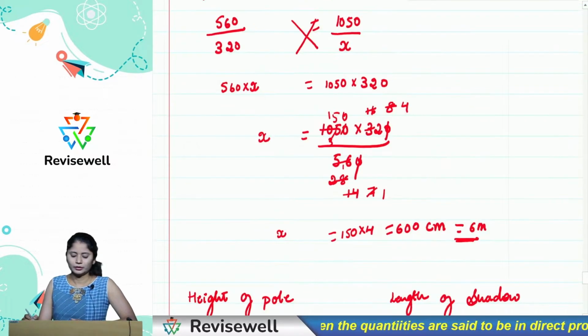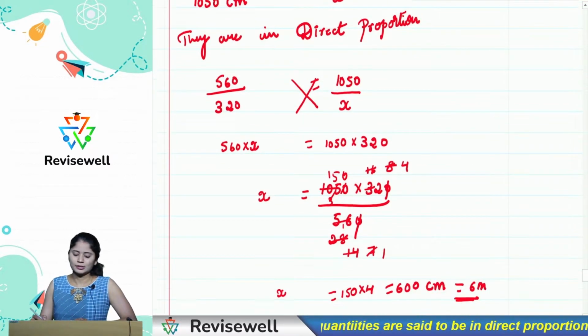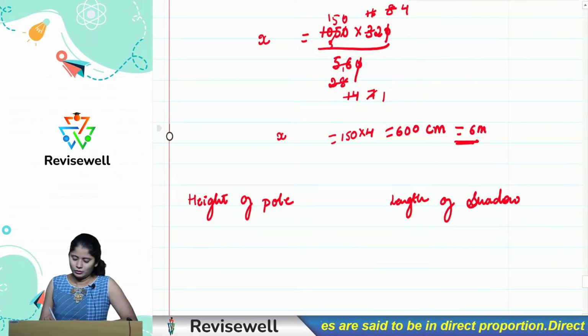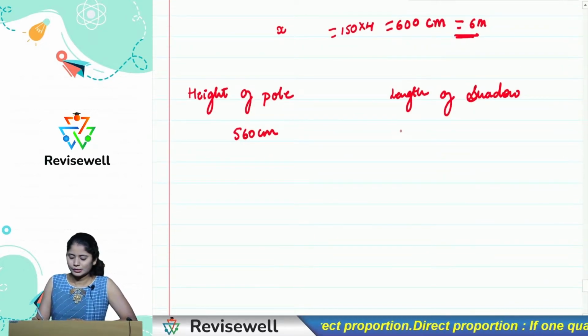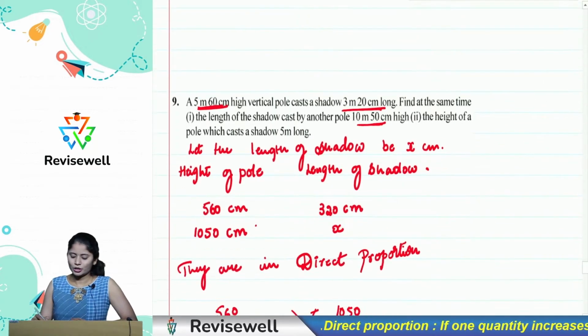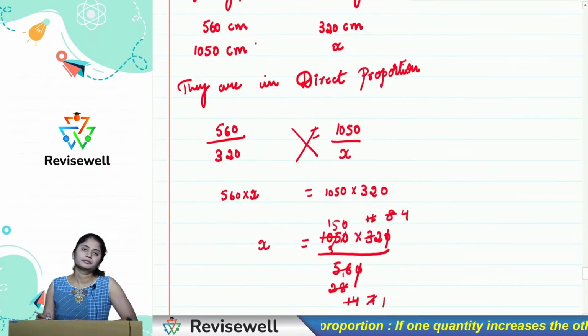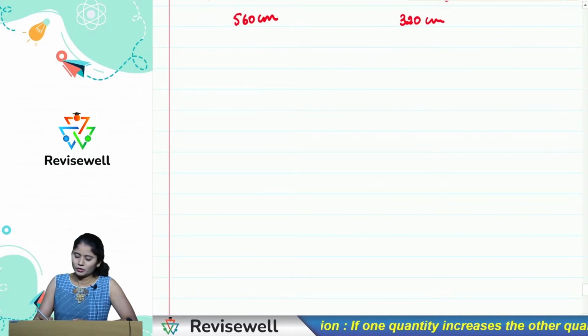As we have already converted it, I'll copy the same. A pole of 560 centimeters will cast a shadow of 320 centimeters. Now the pole is casting a shadow of 5 meters, which is nothing but 500 centimeters.